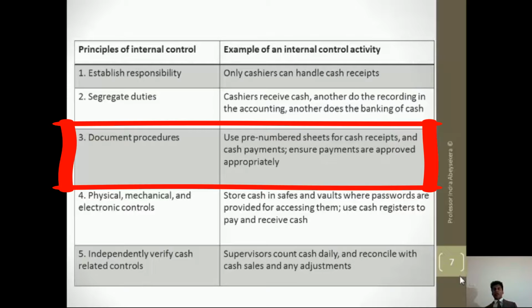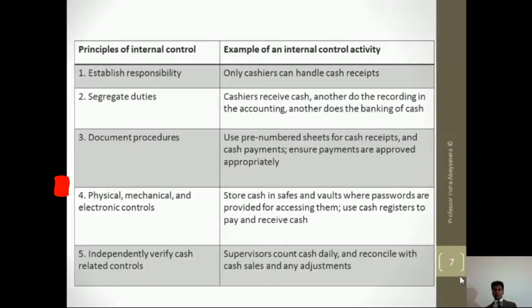It also allows getting approvals appropriately from people within the organization before a payment is made, or even when the cash is received, and how the banking should be done.